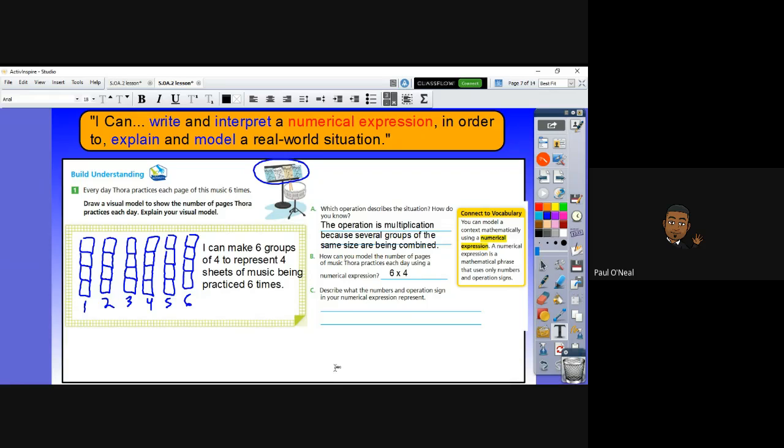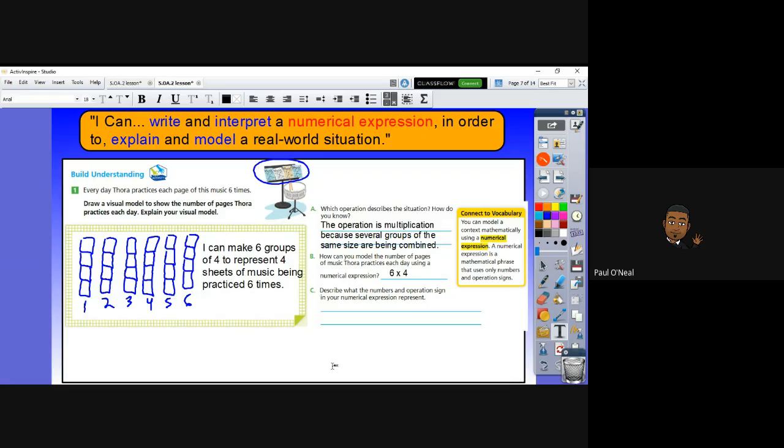Great, short, easy way of saying that. 4 sheets of paper. She practices each of those pages 6 times every day. Right? We don't have to worry how many days she's practicing, but it says every day she practices each sheet of paper 6 times. It's a lot of practice.